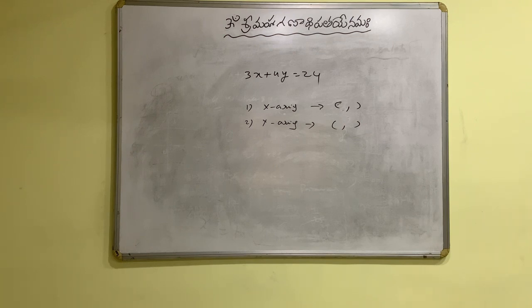Intersecting. 0 comma 7 wrong, Akshay. Intersecting the x-axis at 8 comma 0.